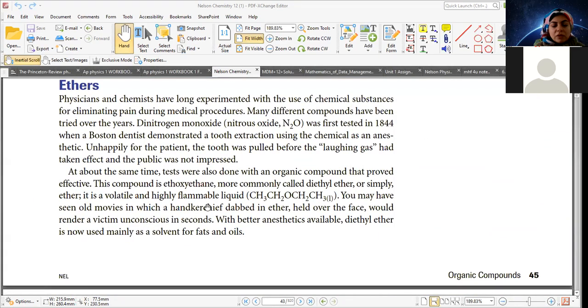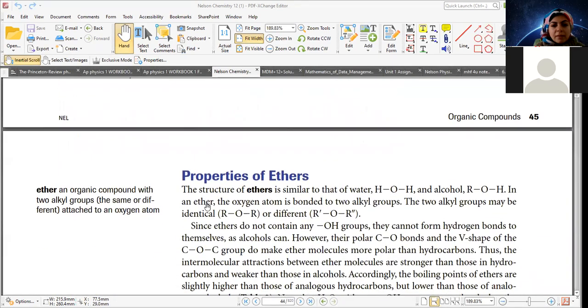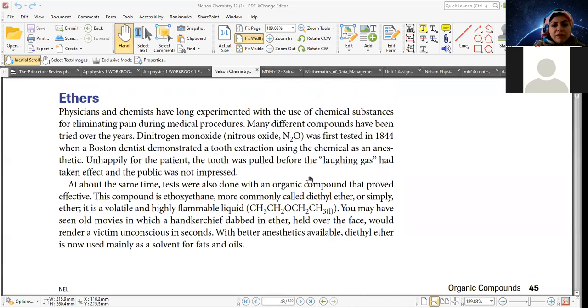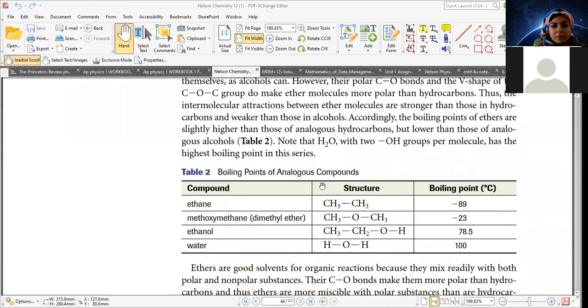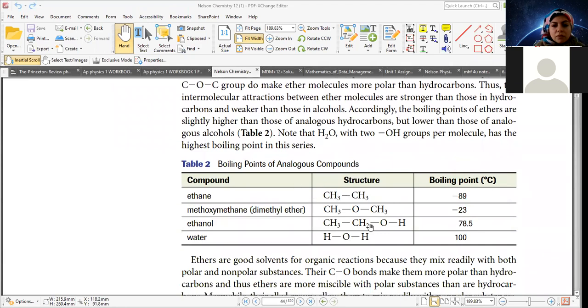Now here are ethers. Whenever you have an oxygen in the middle attaching to carbons, I'm going to give you an example. Ether: see this hydrocarbon, and oxygen attached in the middle of them. This will be an ether. These are different types. It's not OH attached to a carbon.